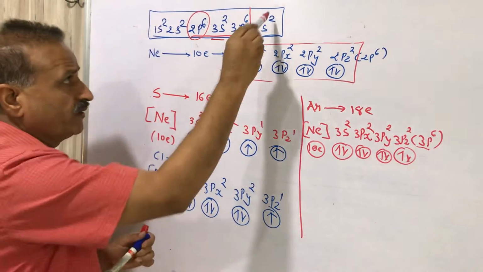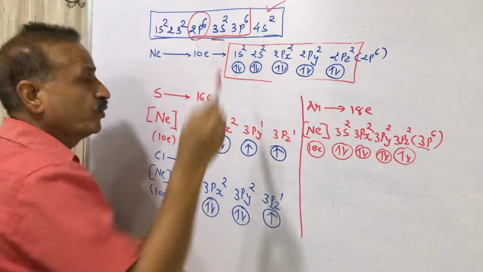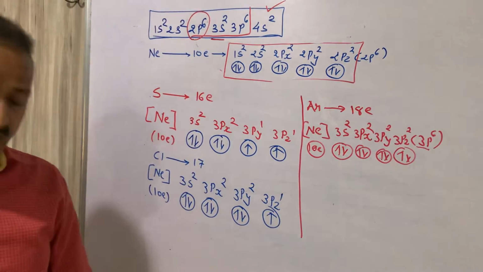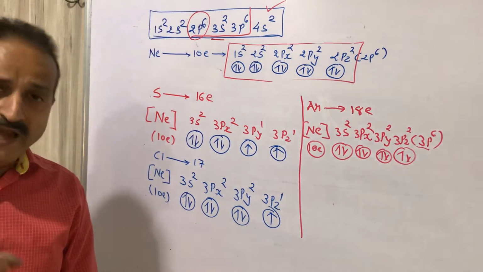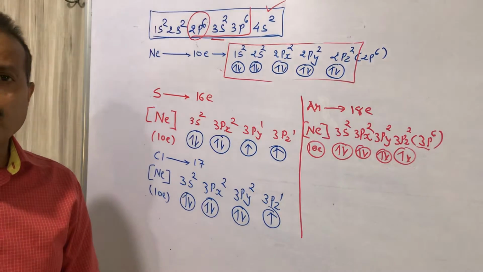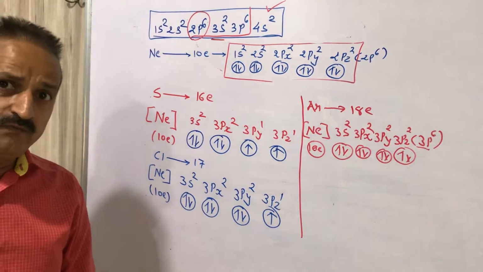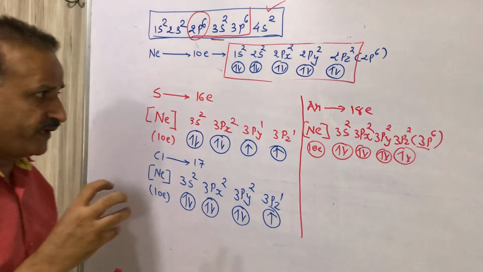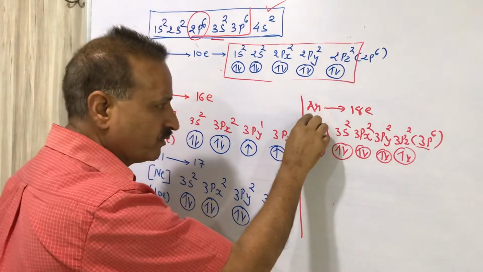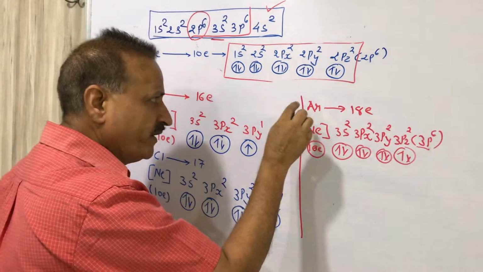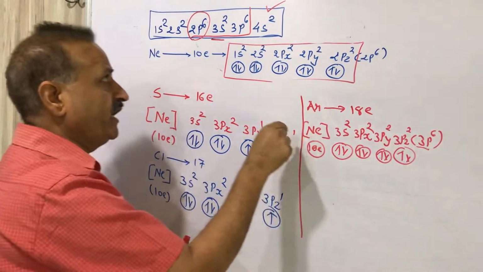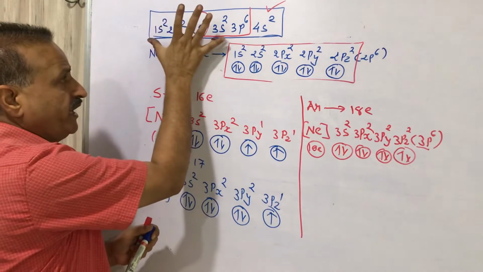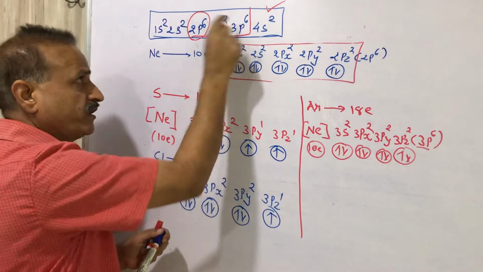So the turn will come for 4s, and 19 electrons are required for potassium. So we will fill till the electronic configuration of argon, which means if we are writing argon in brackets, we have filled 18 electrons, till 3p6.